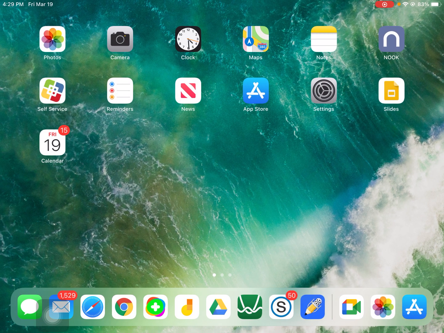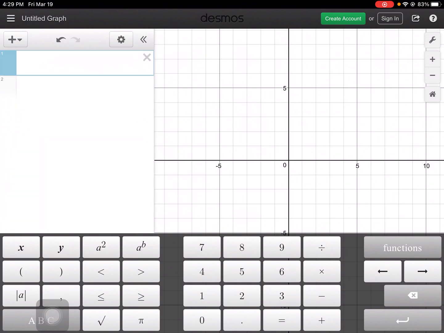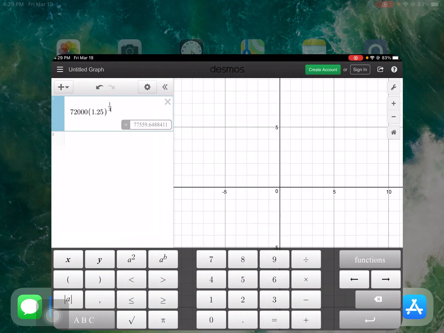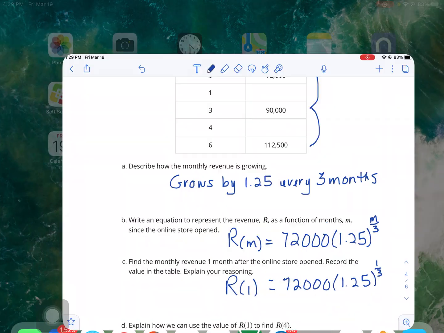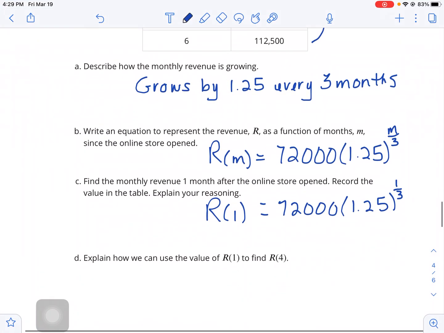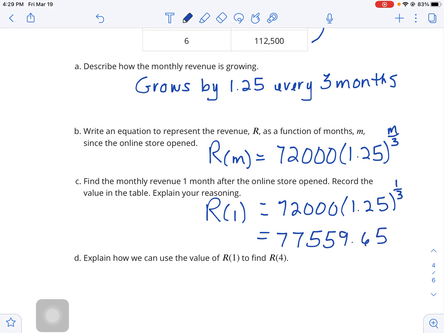If we go back over here, we take 72,000 times 1.25 to the 1/3 power, and we get 77,559.65. So it would be worth 77,559.65 then.